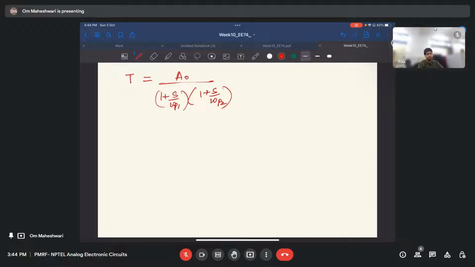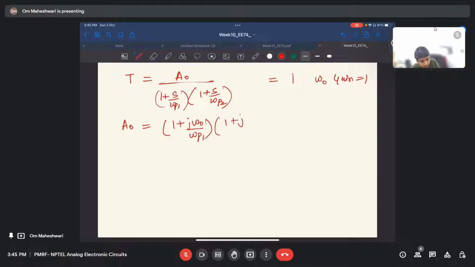For phase margin, we equate the gain to 1. We find the frequency omega naught at which gain equals 1. If I equate it to 1, I will get a naught equal to (1 plus j omega naught by omega p1)(1 plus j omega naught by omega p2).